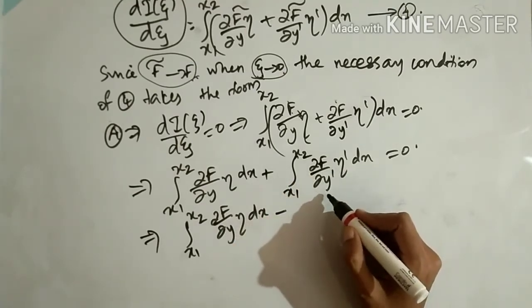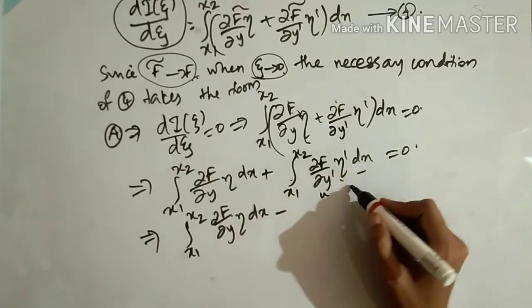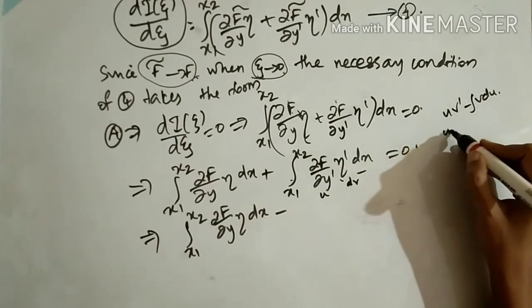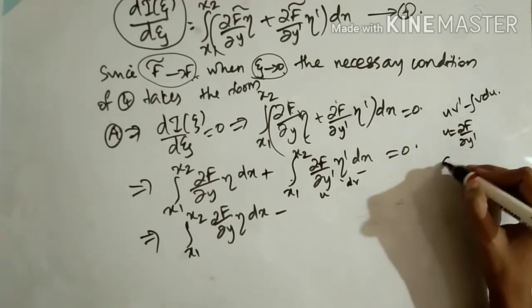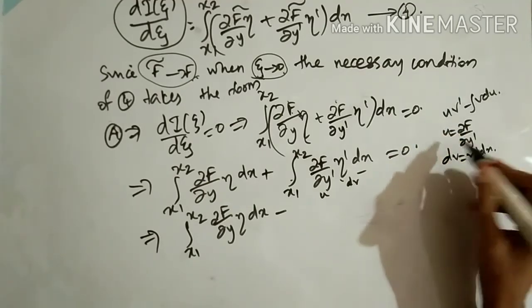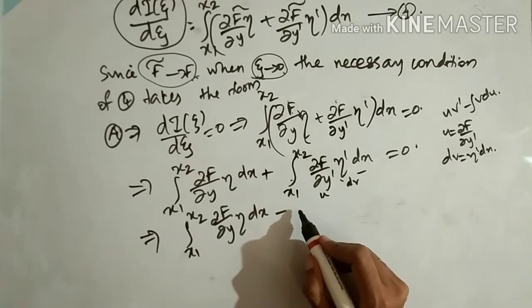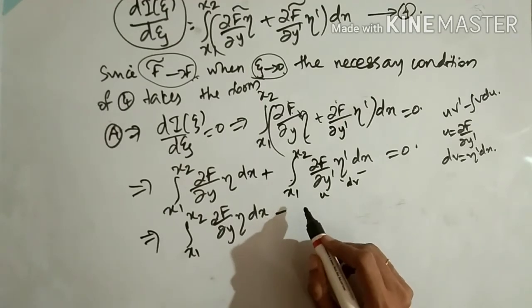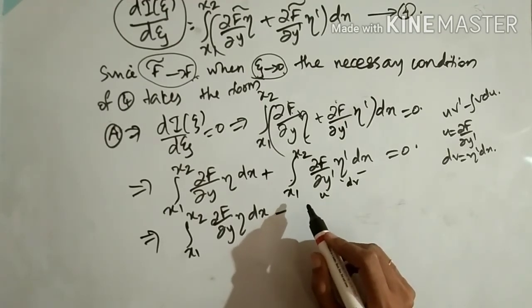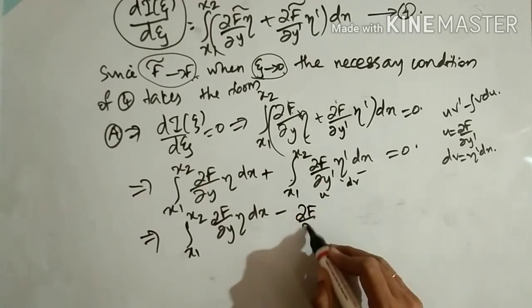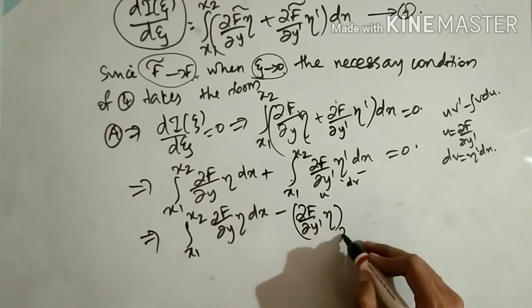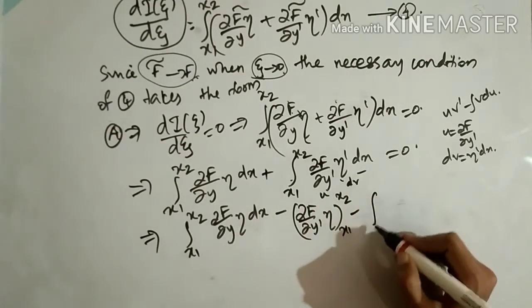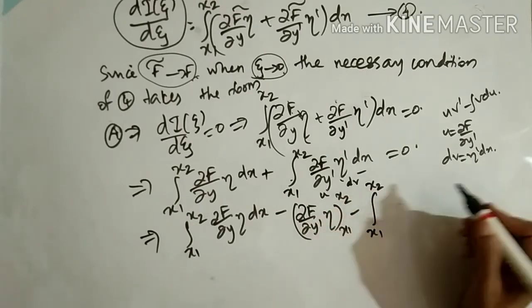So this you can assume as u, and the remaining you can assume as dv, so that integration uv' minus integral v du, so that u is equal to ∂f by ∂y' and dv is equal to η' dx, so that you will get by differentiation, ∂f by ∂y' times η from the limit x1 to x2 minus integral x1 to x2 of v du.